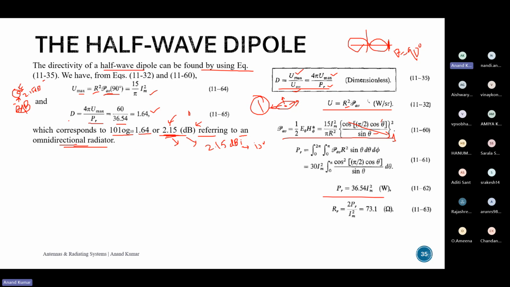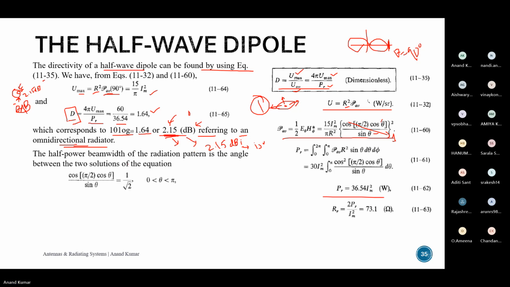Anyways, we had discussed directivity in detail in the previous class, and now we're just deriving those parameters for a half-wave dipole. So we have the directivity equal to 2.15 dB. Now, another term that we discussed in the previous class was half power beam width. To calculate half power beam width, if you remember, this would be this angle, right?